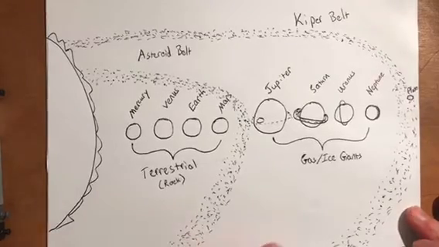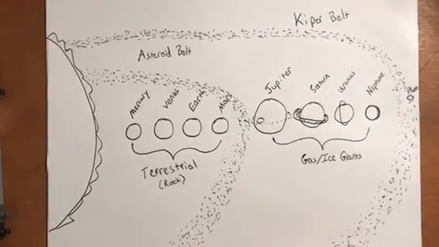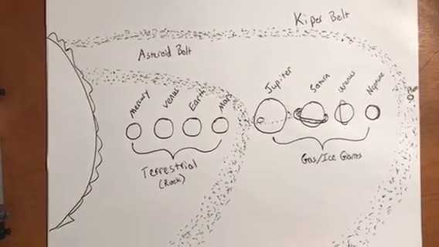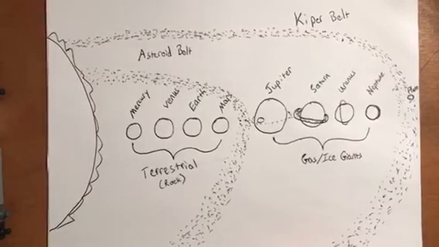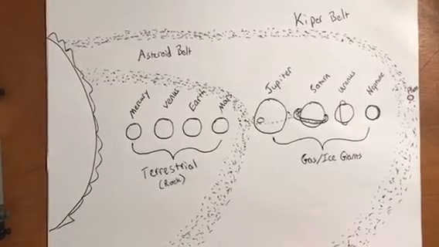I haven't figured out how to include the Oort cloud in a drawing like this, so we're gonna figure out a better way to make a model of that.